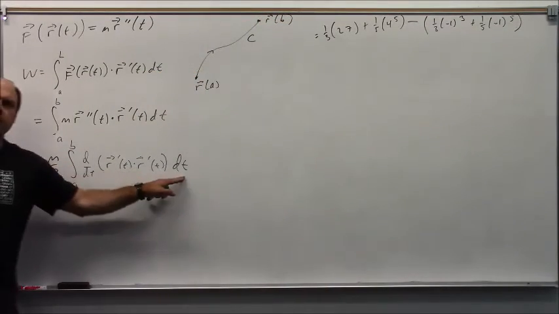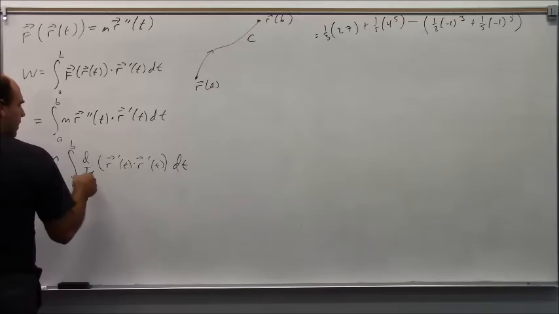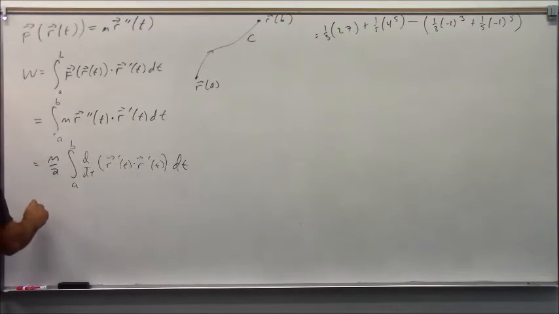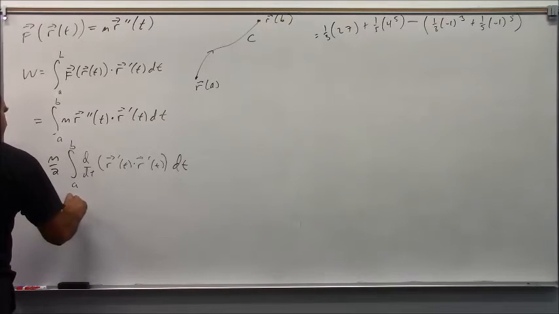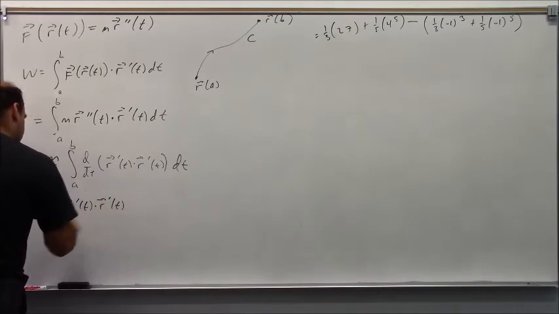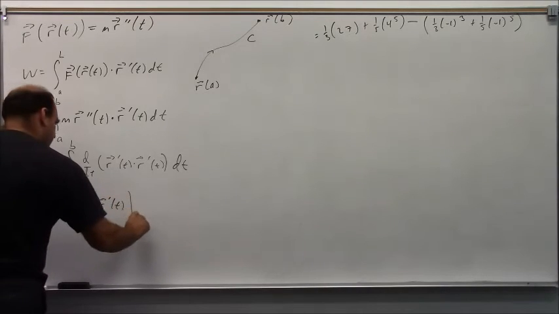Once I'm integrating with respect to t, I need to have my t limits. Okay, well I'm integrating the derivative of something with respect to t, with respect to t. So this is going to be m over 2 times r prime of t dot r prime of t, from a to b.